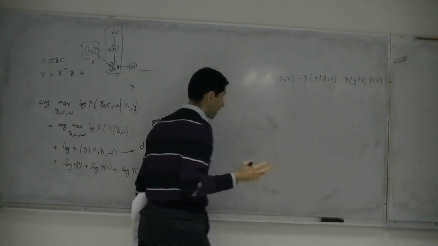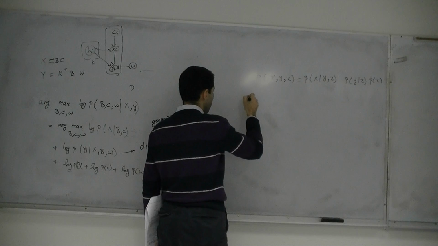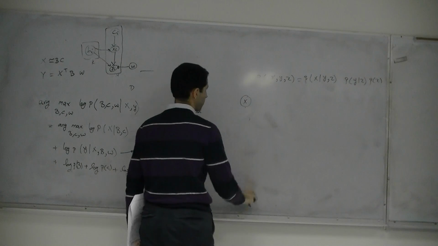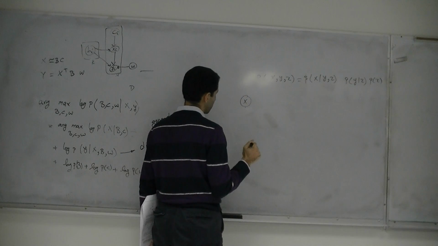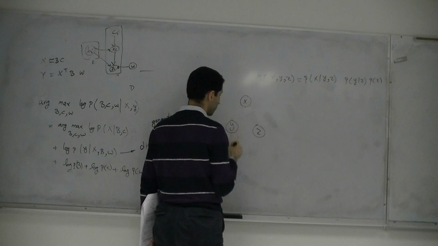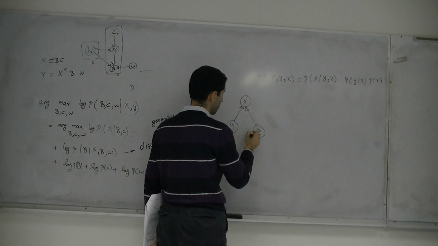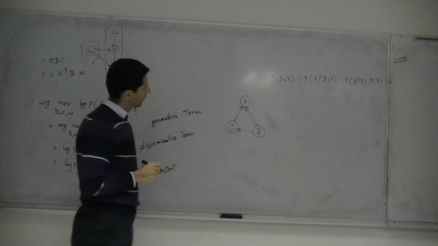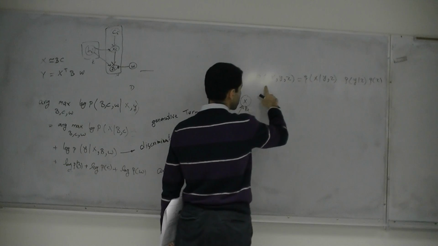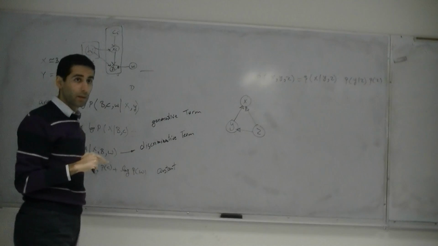If we have some relation between these three terms, something like X, okay, we can split this probability to these three if we have some relation between these three variables.